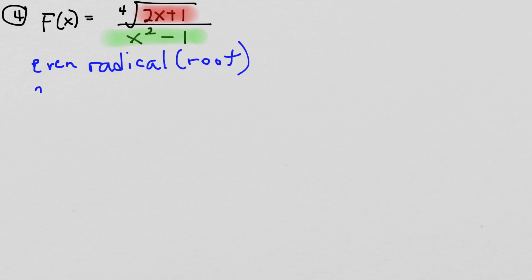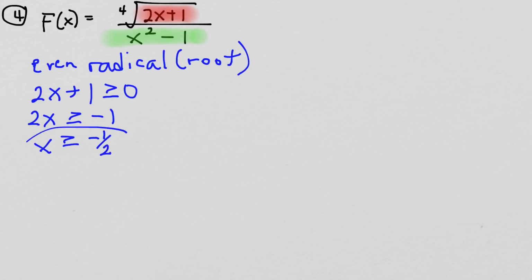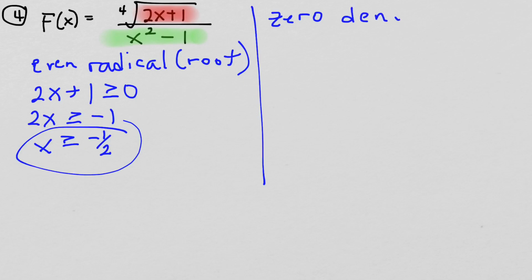So 2x plus 1 has got to be equal to 0 or positive. So that means 2x is greater than or equal to -1. x is greater than or equal to -1/2. That's for the even root. Then on the bottom, we could have a 0 in the denominator, leading to undefined.